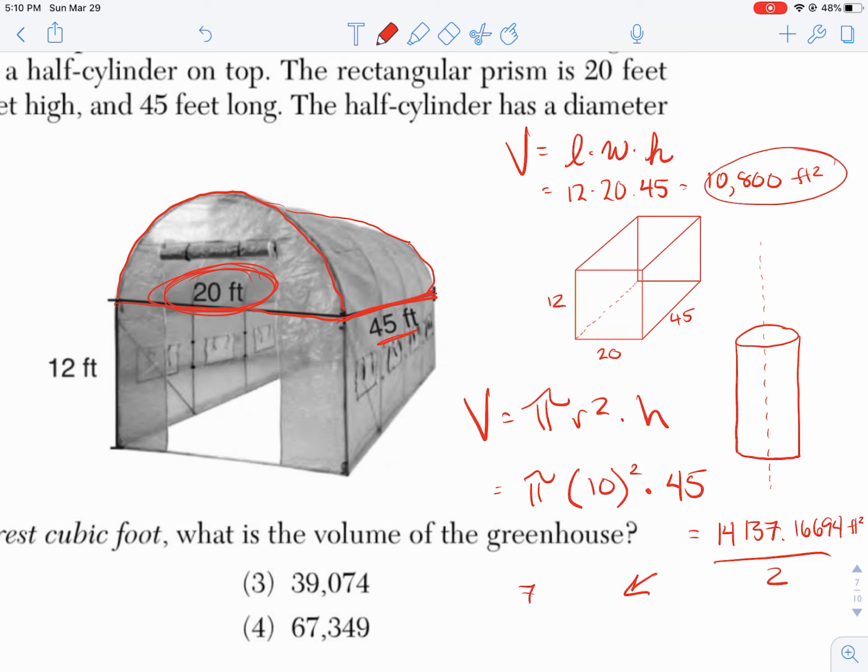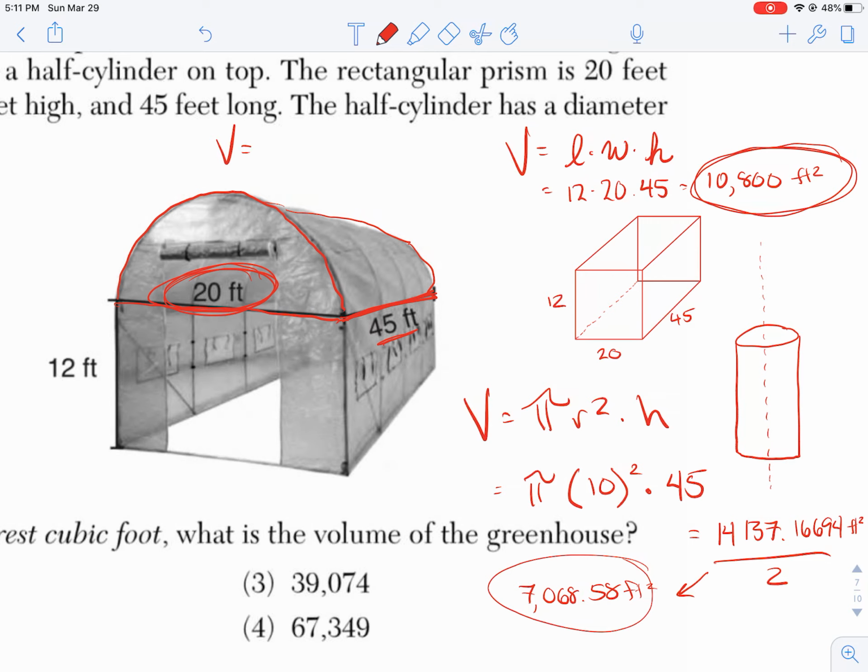And so our volume is now 7,068, point, I'm going to round it, I'm going to say 5.8, feet cubed. Now I'm going to take this number and add it with this one up here, so plus 10,800.